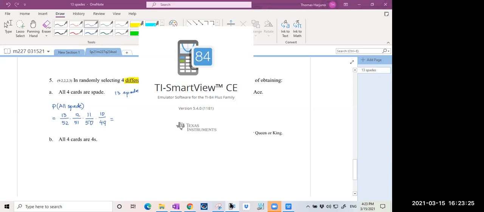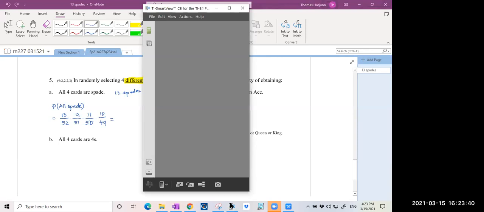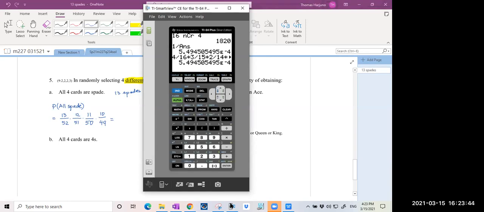Okay, 13 times 12 times 11 times 10 divided by parentheses, so on the denominator, I will show you later, 52 times 51 times 50 times 49. Okay, my calculator is already on.